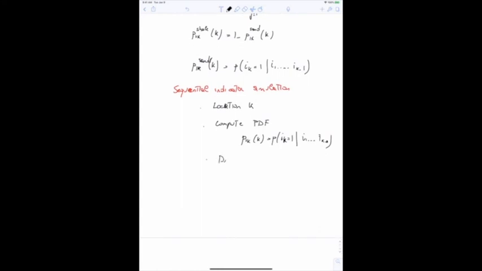And then we draw a sample, which is either 0 or 1.